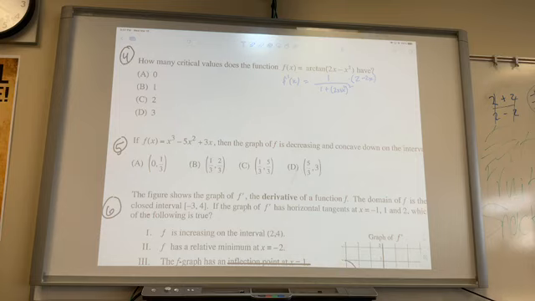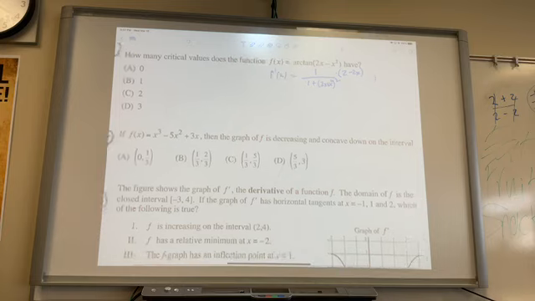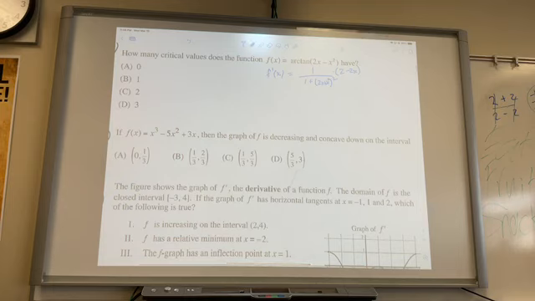But that's all in the denominator, so if it's equal to 0... Oh, yeah, you're right. Because it doesn't make us find it, it just says... Okay, hold on. Critical points are where the derivative equals 0 or the derivative is undefined, right?